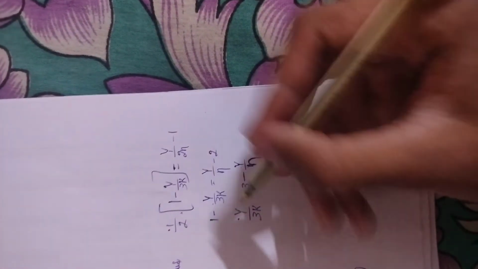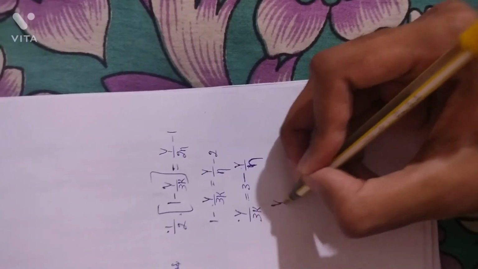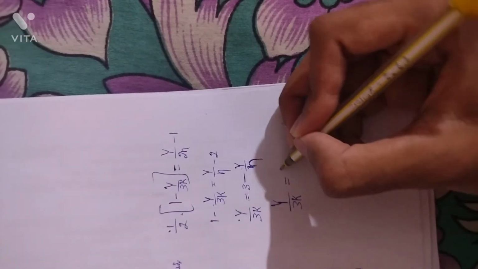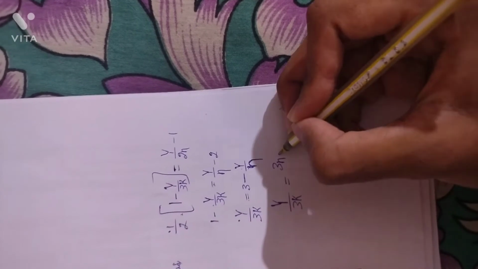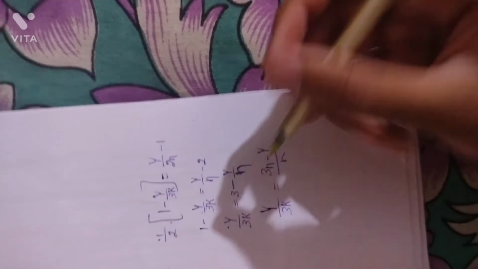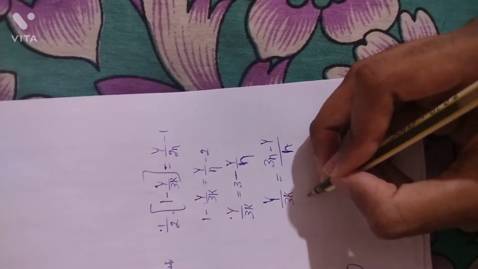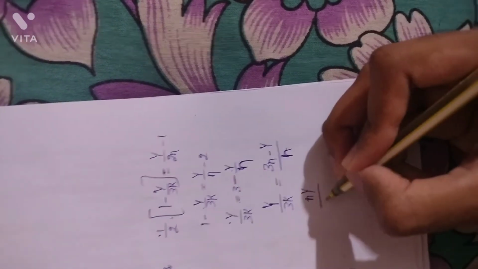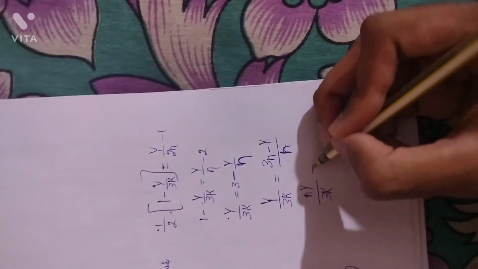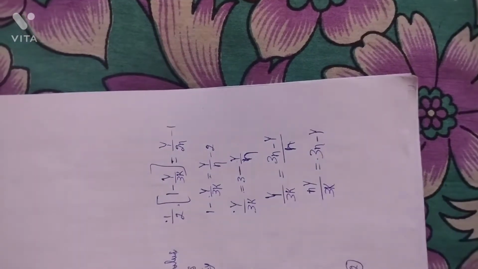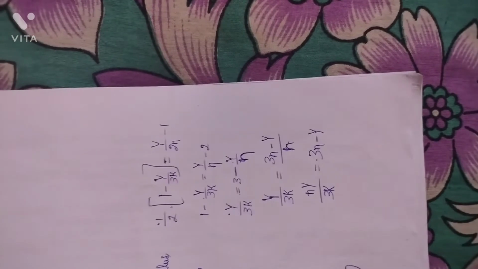Next, Y/3K is equal to (3n minus Y)/n. So n will multiply on this side, cross multiplication we will do. So nY/3K is equal to 3n minus Y. This is what we get.